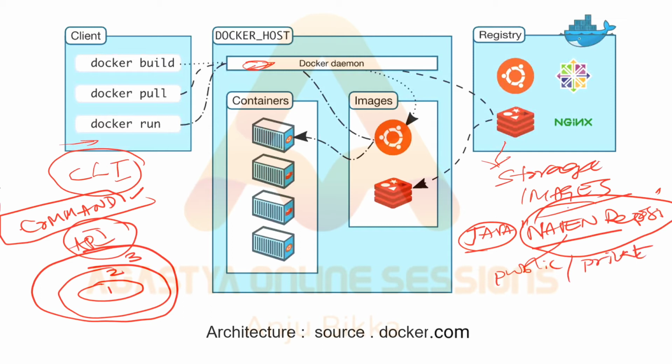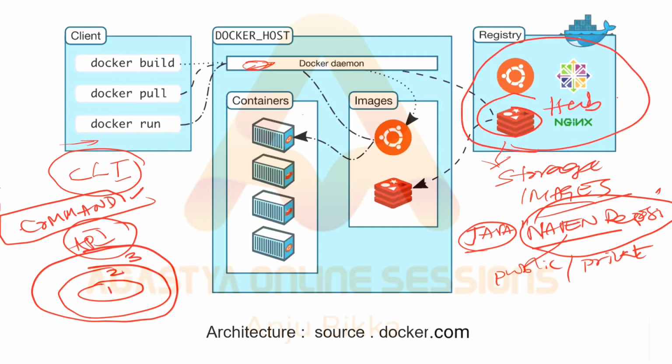The same concept is used here: the registry is a location of images, with public and private registries. By default, when Docker is installed, it is configured to automatically connect to Docker's public repository, which is Docker Hub.